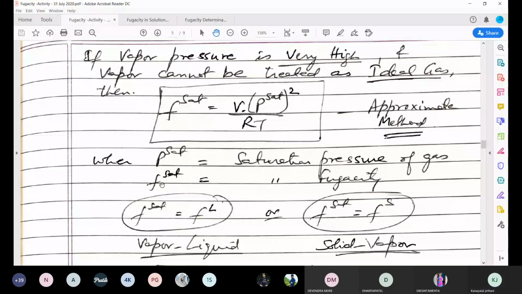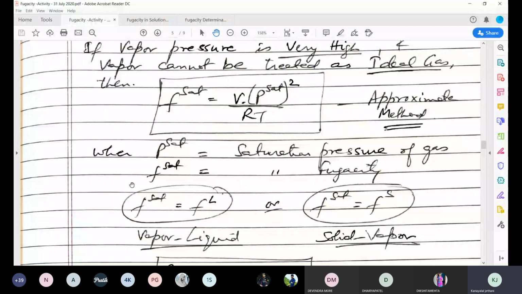And we know that equilibrium condition is Fsat is equal to Fl, or Fv is equal to Fl. And for solid vapor it is saturation fugacity is equal to F solid, vapor liquid और solid vapor के लिए, ठीक है.